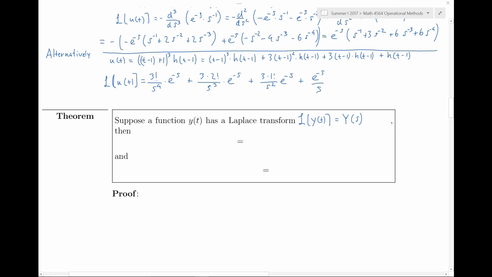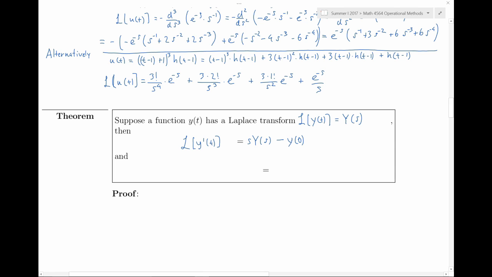Then the Laplace transform of the derivative is going to be the multiplication of the Laplace transform of y by a factor s, but there's a twist. We have to subtract the initial value for y, and that's the initial value for y of t, so we plug in t equals 0 into the original function y right here, and that's the Laplace transform of the derivative.